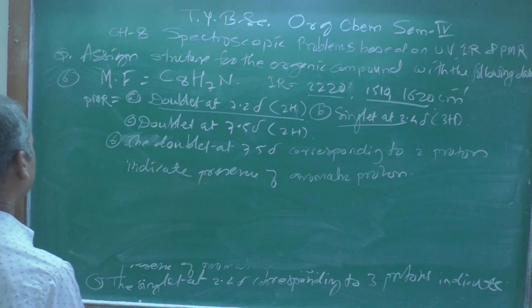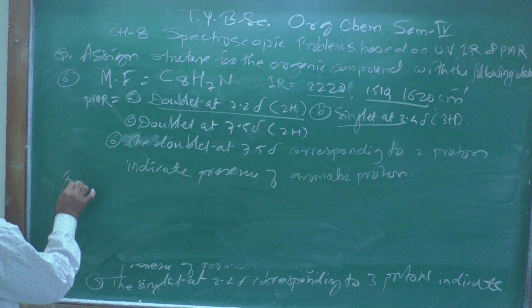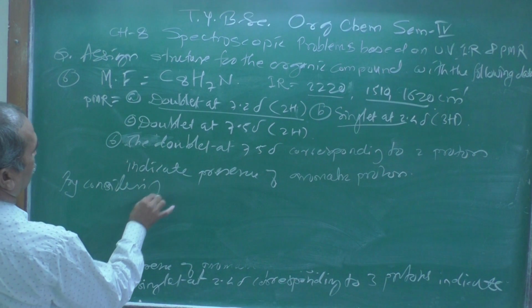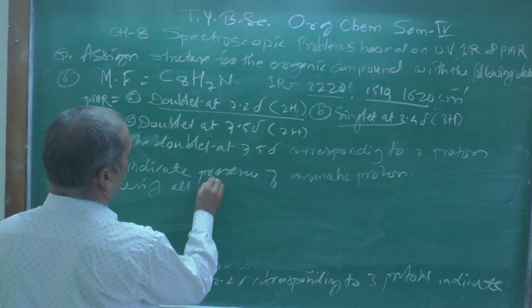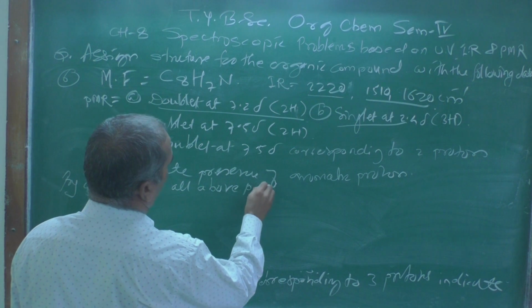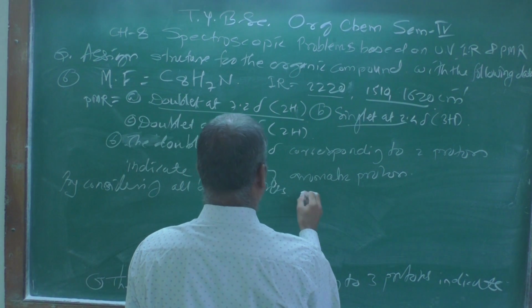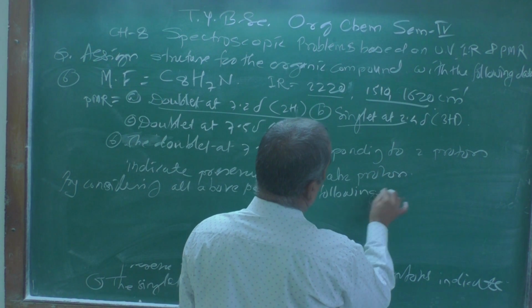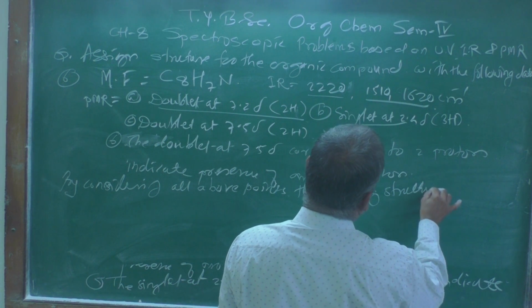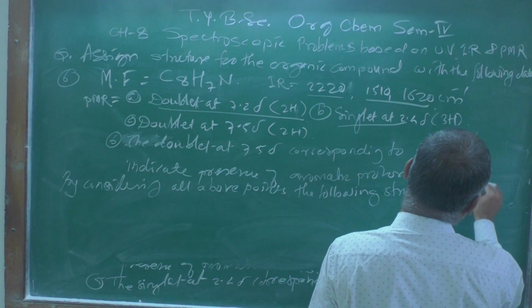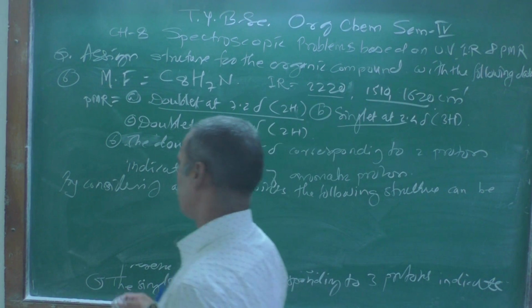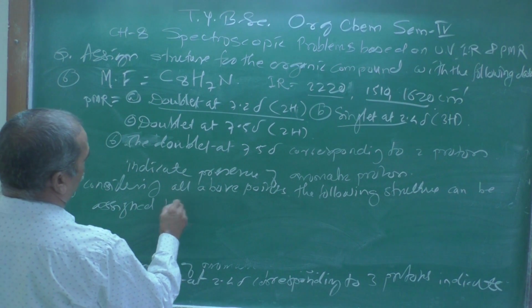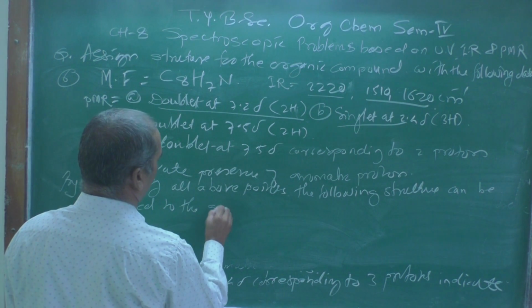Now, by considering all the above points, the following structure can be assigned to the given organic compound.